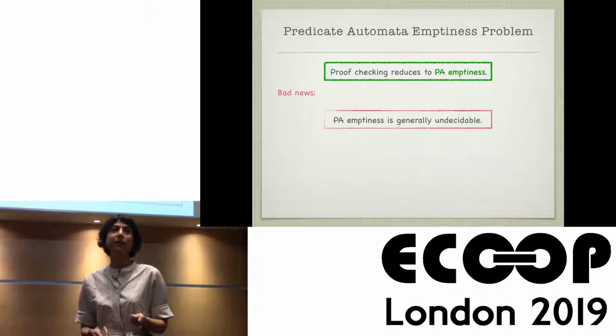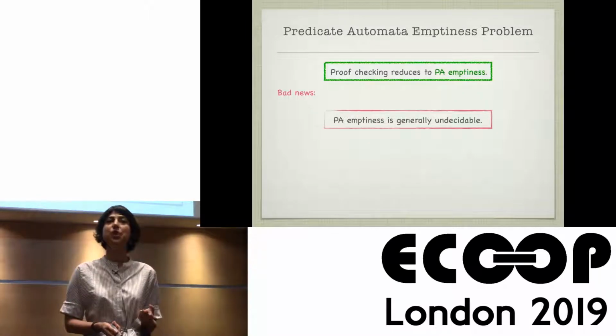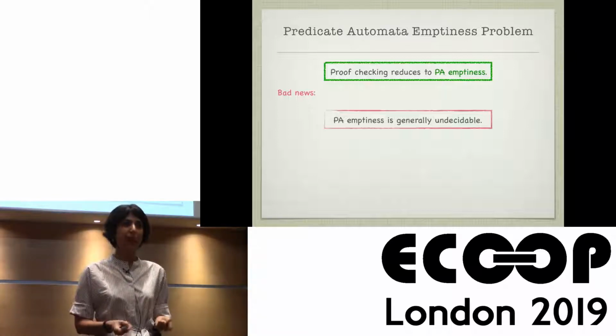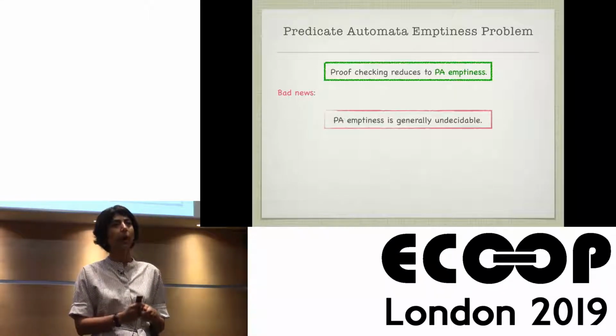Now, there is good news and bad news. The bad news is that testing the emptiness of predicate automata in general is undecidable, which is expected because I cannot perform magic. Algorithmic verification of parameterized concurrent programs is in general undecidable, so I cannot break that decidability barrier.